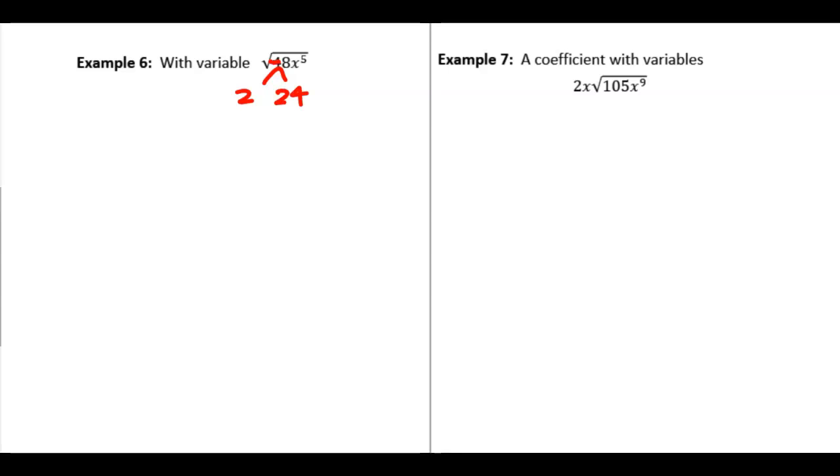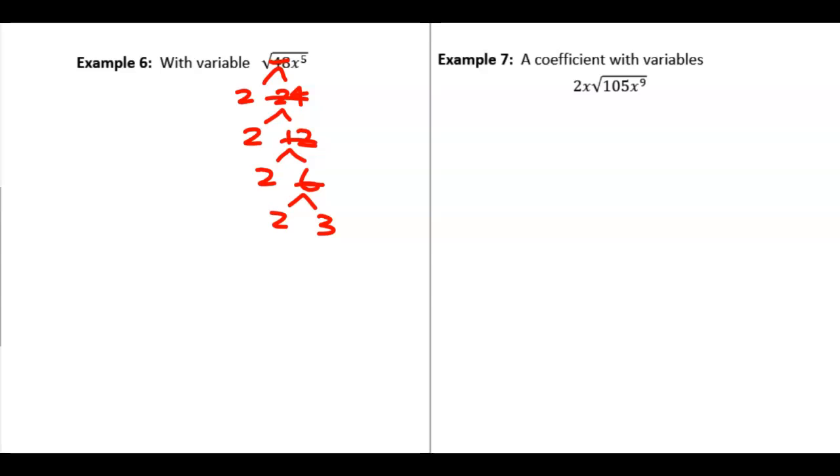I'm only going to cross out the 48 part, and then 2 times 12, and then 2 times 6, and then 2 times 3. Now, you break it down by 2's, and then the last one is a 3. 3 is prime.